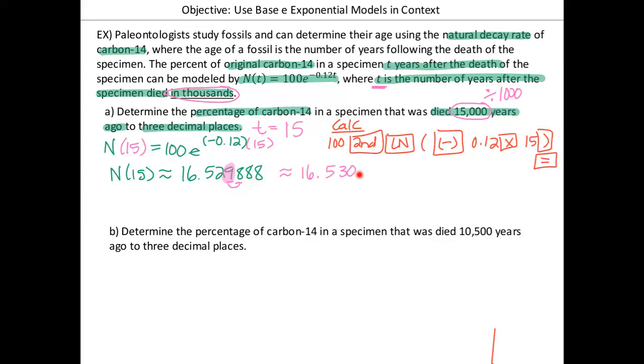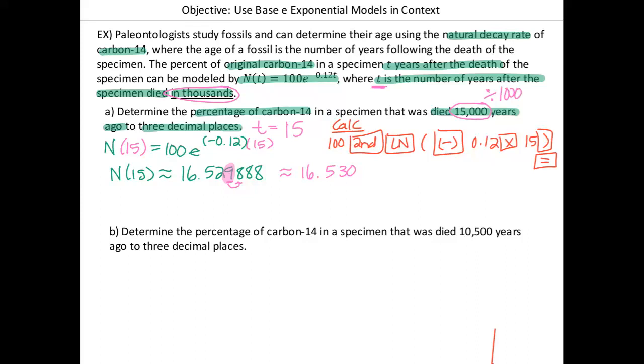What is this number representing? This is the percent of carbon-14. So this is 16.530% of carbon-14. Okay. And then we have to write a little sentence conclusion here.